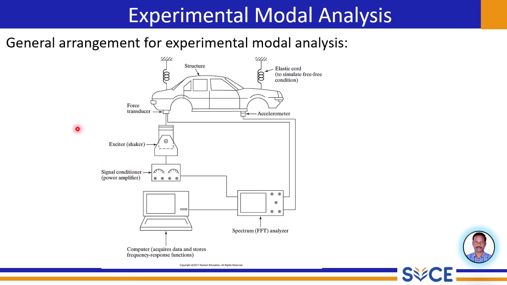Here, this diagram provides a typical arrangement for performing experimental modal analysis. You can see the physical structure being tested at the top, connected to various pieces of equipment we have discussed so far. Notice how the structure in this example, a car body, is suspended using elastic cords.